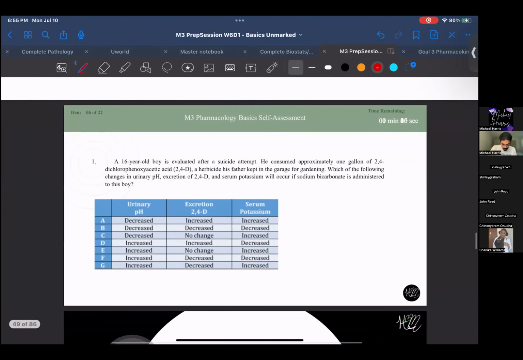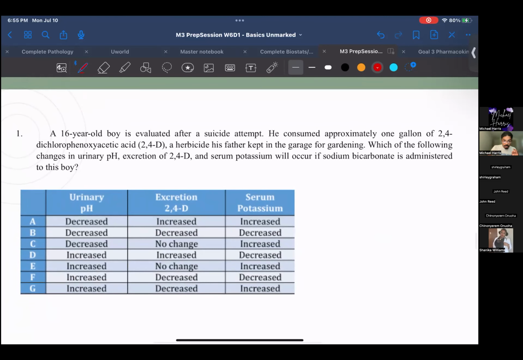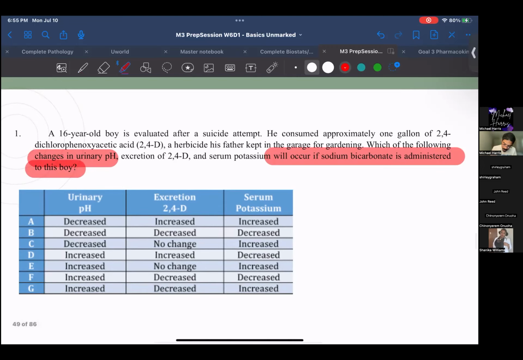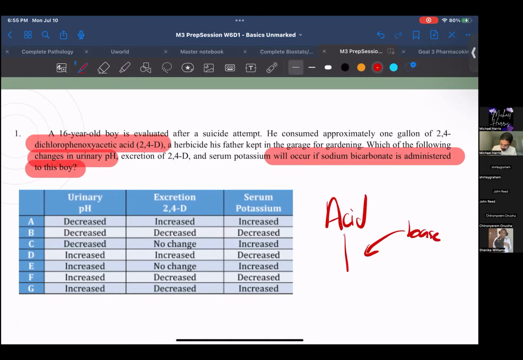Now, here's our next question. And this is essentially asking us, which of the following changes in urinary pH and serum potassium will occur if sodium bicarbonate is administered to the boy? Okay? So they tell you that this thing is an acid. So we have an acid. We're giving a base. What is the form of the acid?